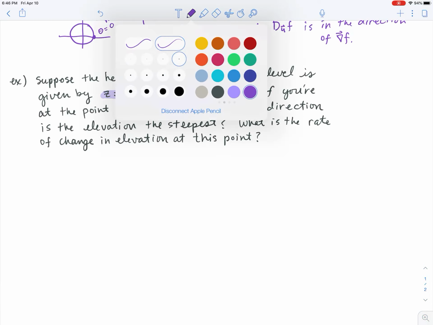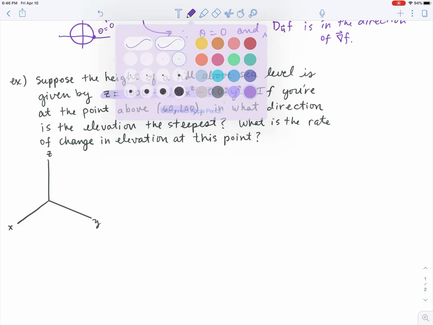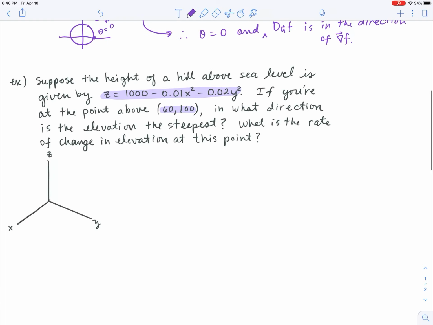So let's first look at what our hill looks like, which hopefully you can look at it and tell. So if we kind of block out the y, you've got 1,000 minus 0.01x squared. That is an open down parabola parallel to the xz plane.